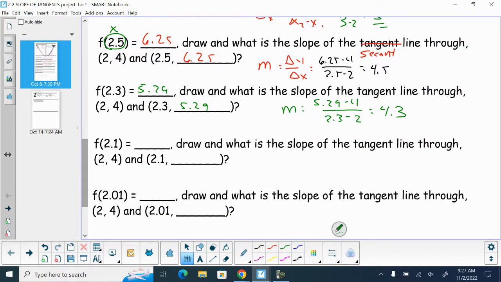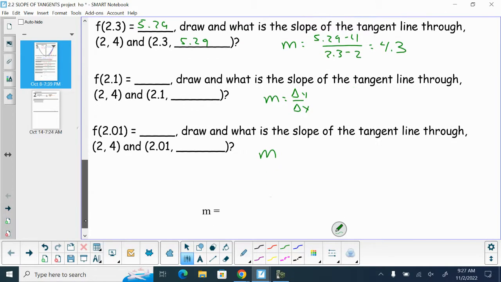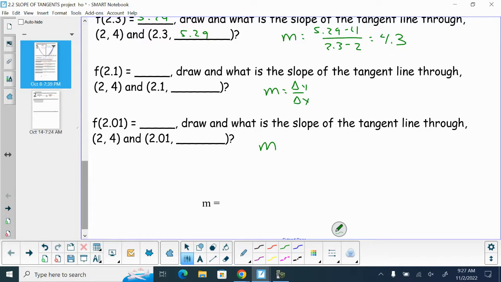Go ahead and find your y value here. Find your y value, find your slope. Then if I have 2.01, find your y values. Find your slopes. Check your answers with somebody around you.